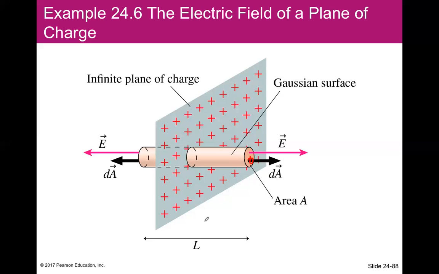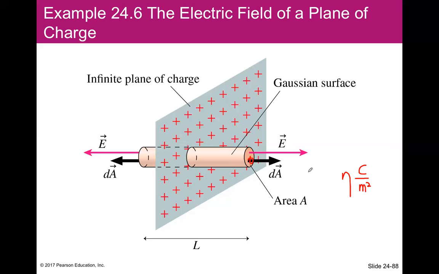Okay, let's do it first by yourself. Now you have a plane. You know the charge density is eta, in the unit of coulombs per meter squared.